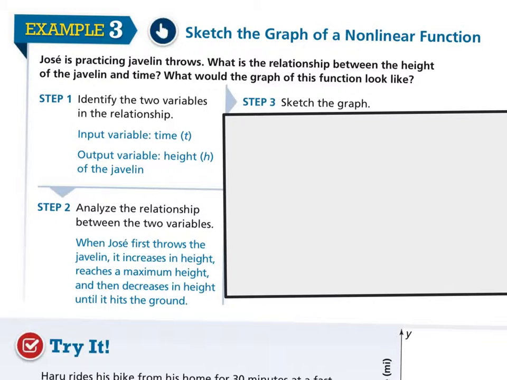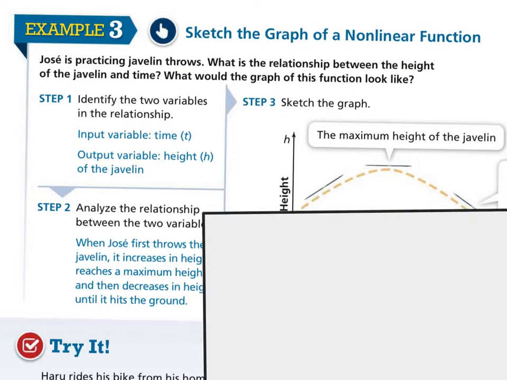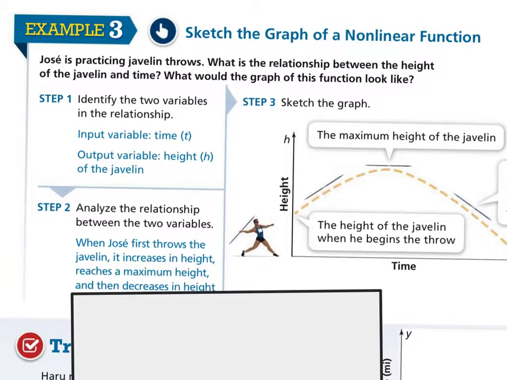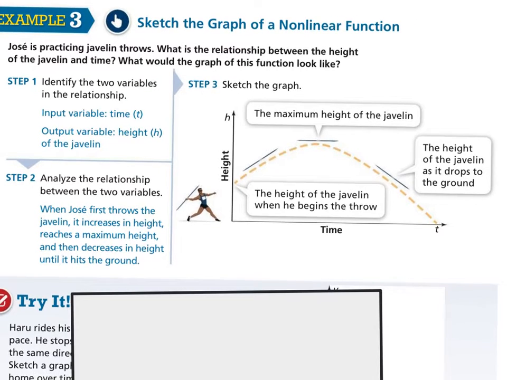Whether you've seen javelin throw or not, you might have an idea what's going to happen. He's throwing the javelin, and then it's probably going to be increasing in height a little bit, hopefully, for him to get a maximum distance. He probably doesn't want to just throw it straight or throw it downward. So it's going to increase in height, and then it's going to kind of max out, and then it's going to decrease in height until it hits the ground. So that's kind of what they sketched out here in their graph.